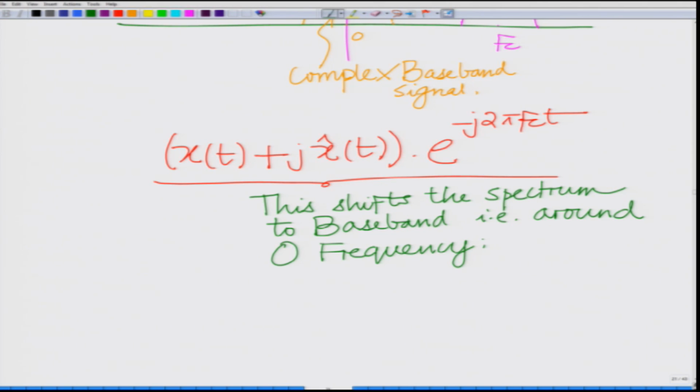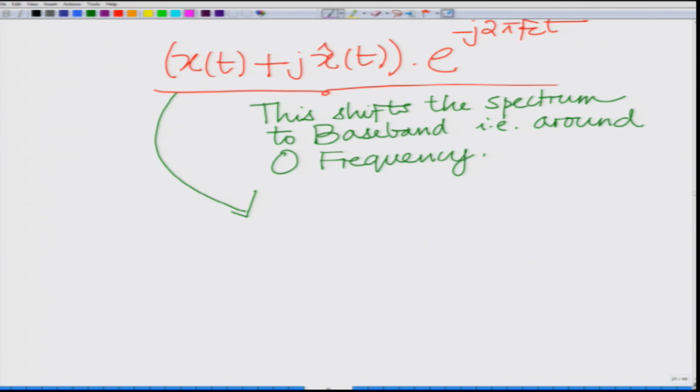This is termed as the complex baseband equivalent. So, this is a complex baseband signal.